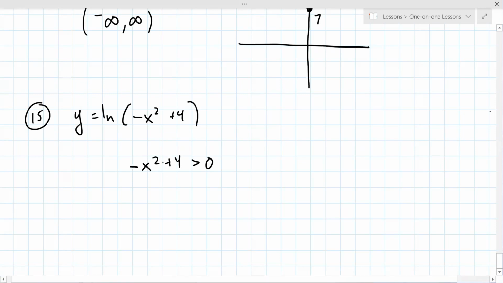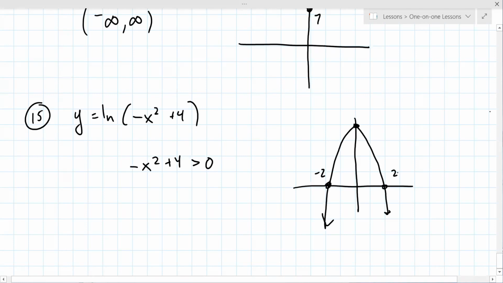Okay. So this graph right here starts at 4 and comes down and hits at minus 2 and 2. Okay, that's understandable. So where is it greater than 0 according to this graph? Where is it above the x-axis, in other words?